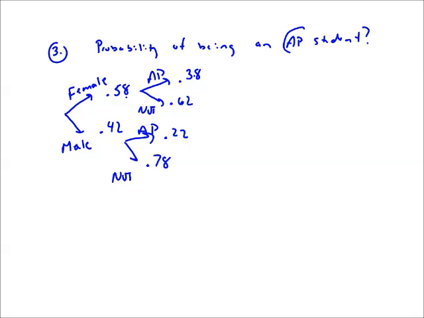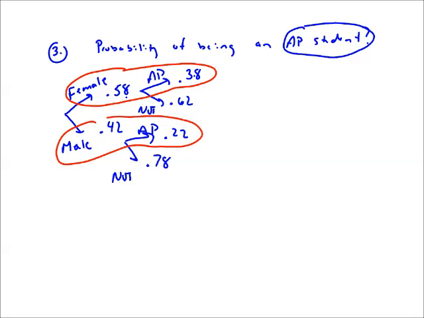We want to know AP students, so okay, we got females, only AP, and males, only AP. Well, we can multiply 0.58 times 0.38 is 0.2204. 0.42 times 0.22 is 0.0924.